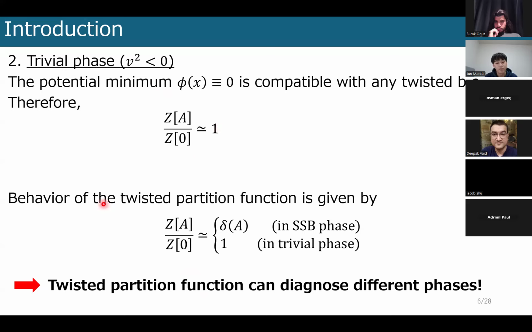So the behavior of the twisted partition function in each phase is given by this. It behaves like a delta functional in the SSB phase and a constant functional in the trivial phase. So they show different behavior in each phase. Therefore, we can use the twisted partition function to diagnose the SSB phase and the trivial phase. This is the easiest example of this kind of analysis, and we want to extend this argument to more general phases.